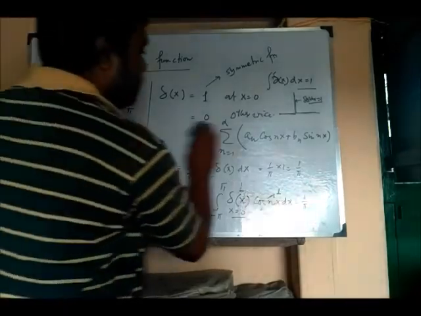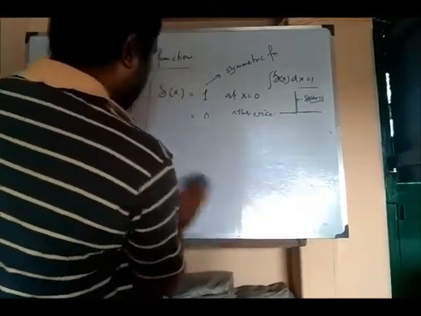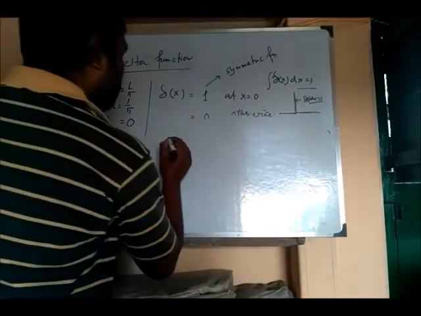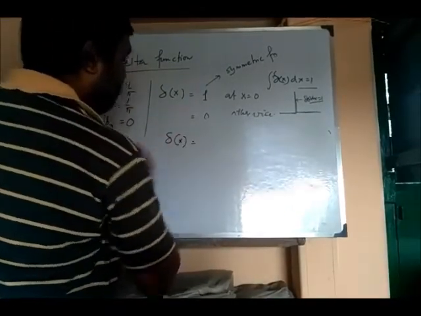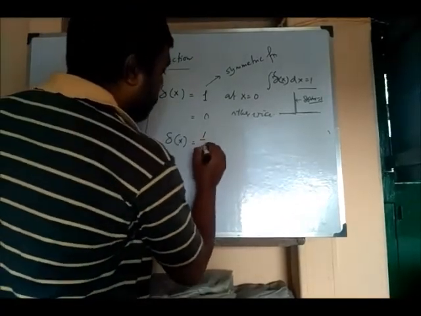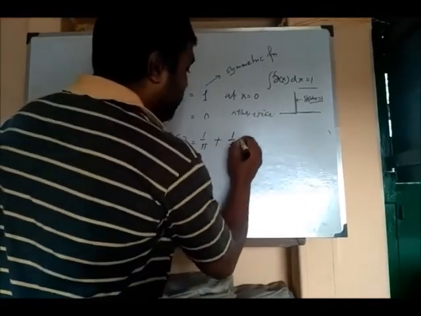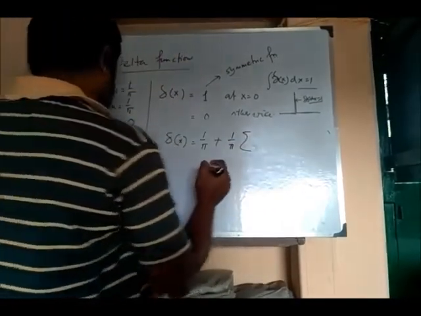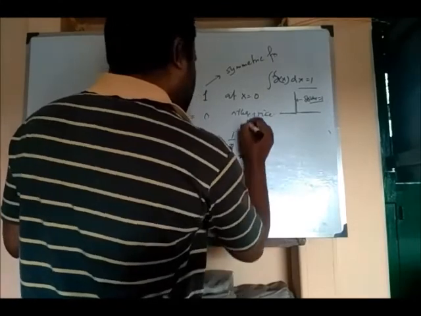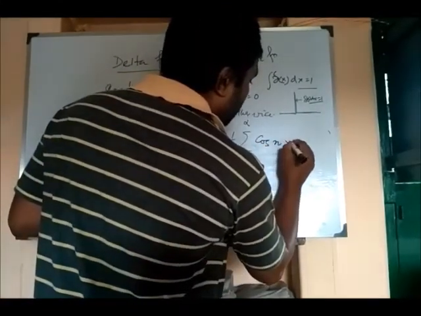What will we get? We will get that the delta function consists of 1 upon pi plus 1 upon pi times the sum from n equal to 1 to infinity of cosine nx.